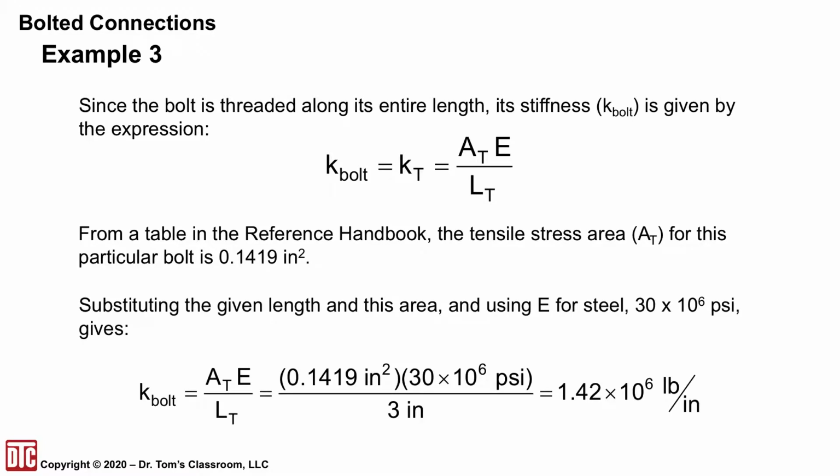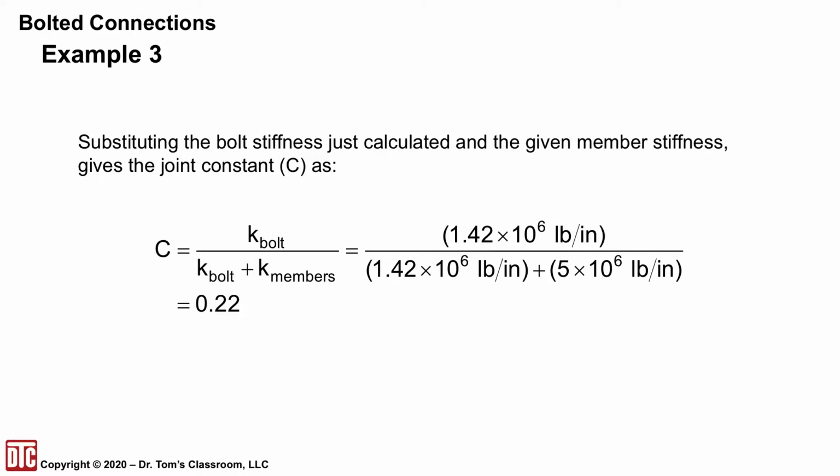So therefore, using E for steel, we get K bolt is A sub T, E over L sub T, and that comes out to be 1.42 times 10 to the 6 pounds per inch. Okay, so now we're given the K members, so now we have the K bolt, so put those in, do the arithmetic. Again, there's a 10 to the 6th everywhere. So this comes out, of course, to be non-dimensional, 0.22 if you do the arithmetic.